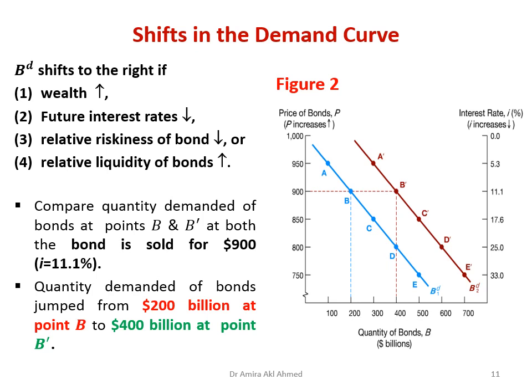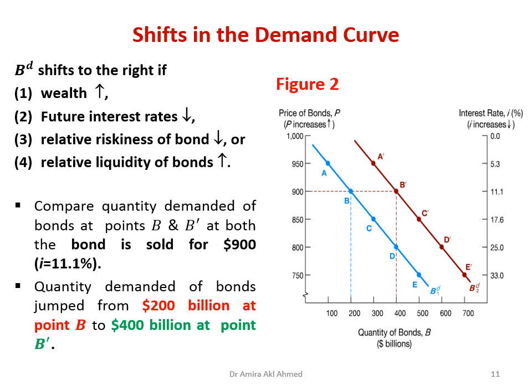For example, wealth increases, interest rates are expected to fall in the future, relative riskiness of bonds falls, or their relative liquidity increases. Thus, the demand for bonds at each interest rate will increase. This is demonstrated by a shift in the demand curve to the right.